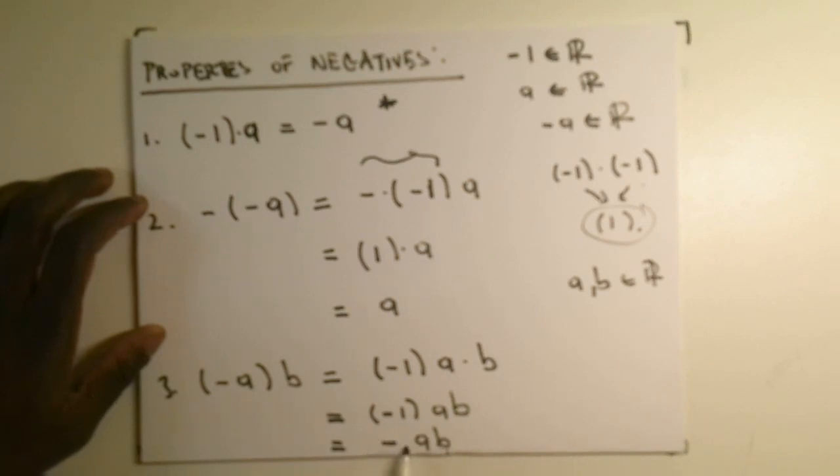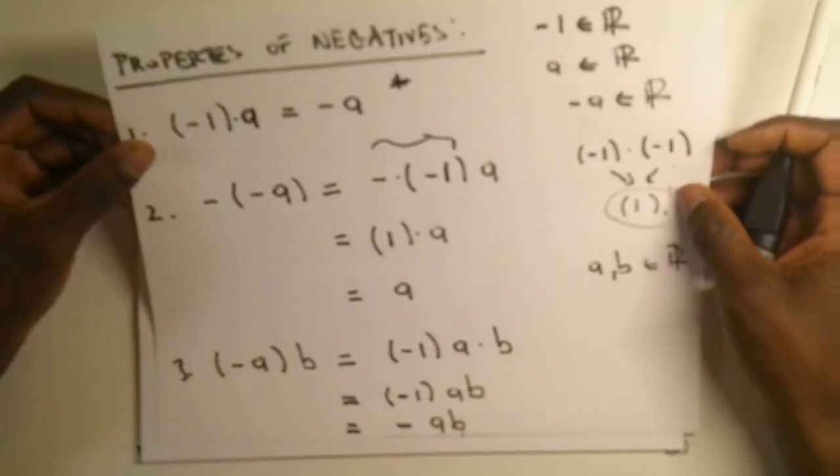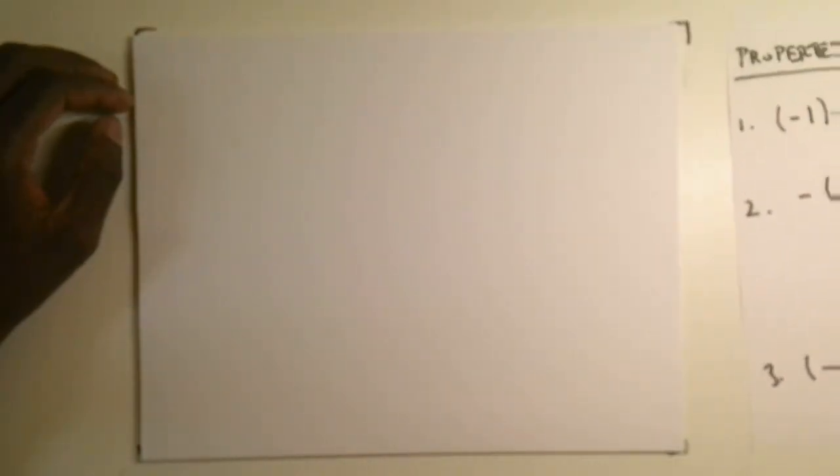So they're both going to be negative. If one of them is negative and I multiply it with a non-negative, it's going to change the behavior of both.